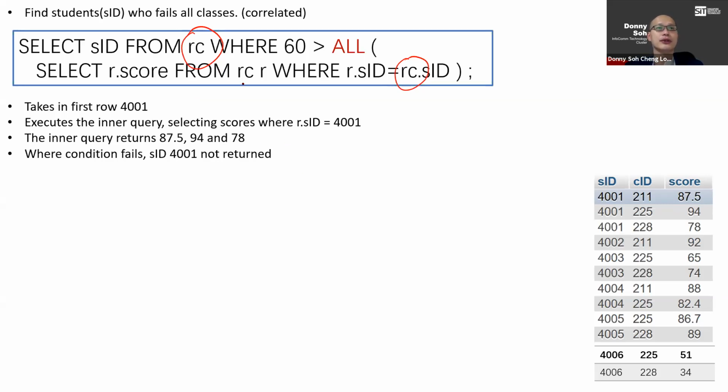If I'm looking at the first row, 401, rc.sid is going to be 401, and this inner query is going to be executed for rc.sid equals 401. This will occur for every single row.